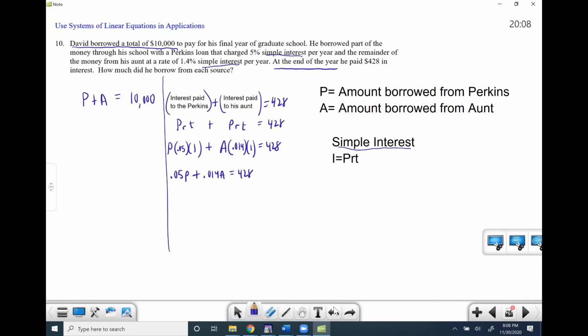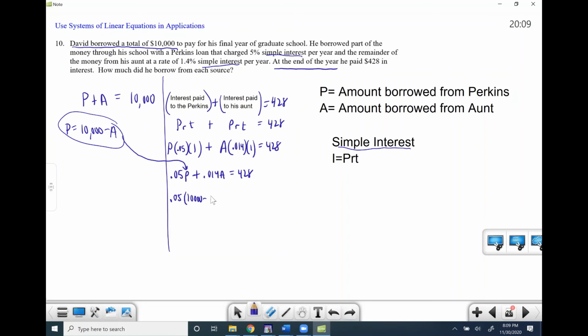All right, so it'd be really easy to isolate a variable on this equation. It's not like this equation's super hard. So let's say we get the P by itself. So we move the A over and it'll become negative. Then what we can do is we can take this and we can plug it in right here for the P. So we've got 0.05.